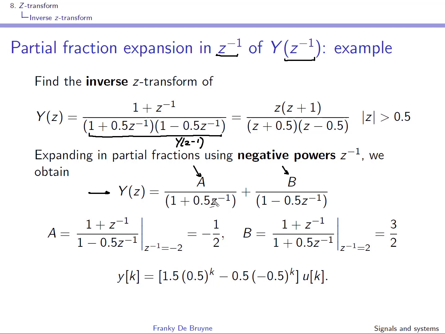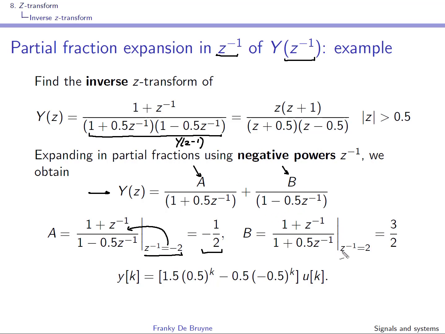So this is z minus 1 equal to minus 2. If we inject this in here, we have minus a half. And if we do the same for b, we hide this one over here, and we obtain this one divided by this one at the root of the denominator.